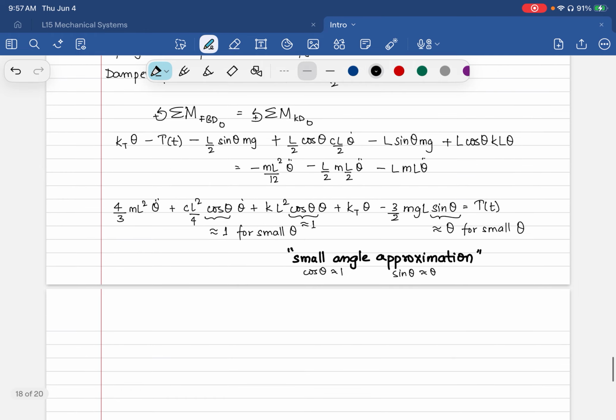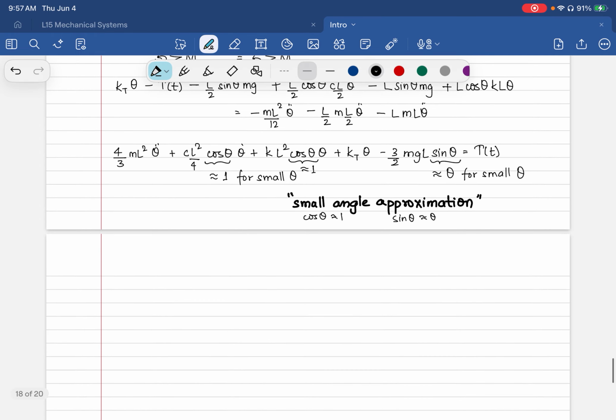Okay, so this allows us to now write down the equation of motion as 4/3 m l squared theta double dot plus c l squared by 4 theta dot plus (k l squared plus k t minus 3/2 m g l) theta is equal to tau of t.